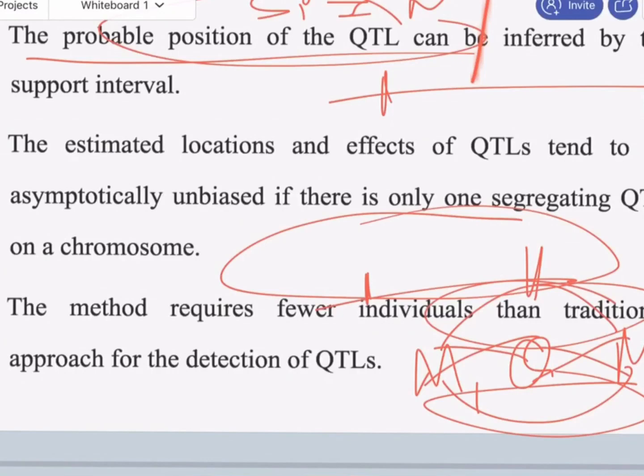So we can give information about the segregation and individual detection of the QTL. That's why it is considered statistically more powerful compared to single point analysis or single marker analysis, because in this we can give information about the recombination between the markers and QTL.